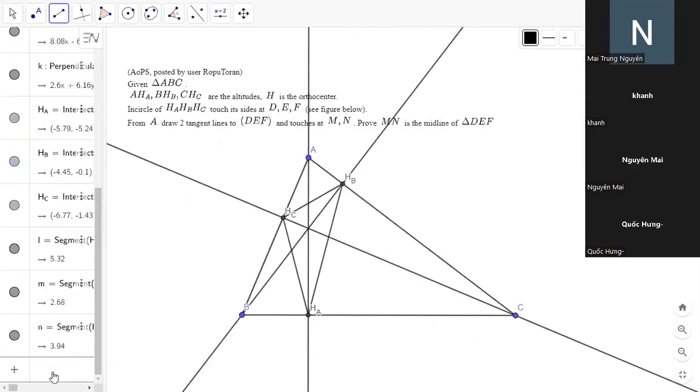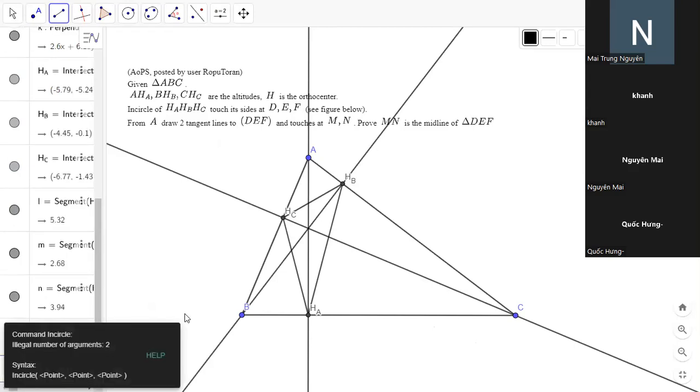So we have the incircle of HA, HB, and HC.